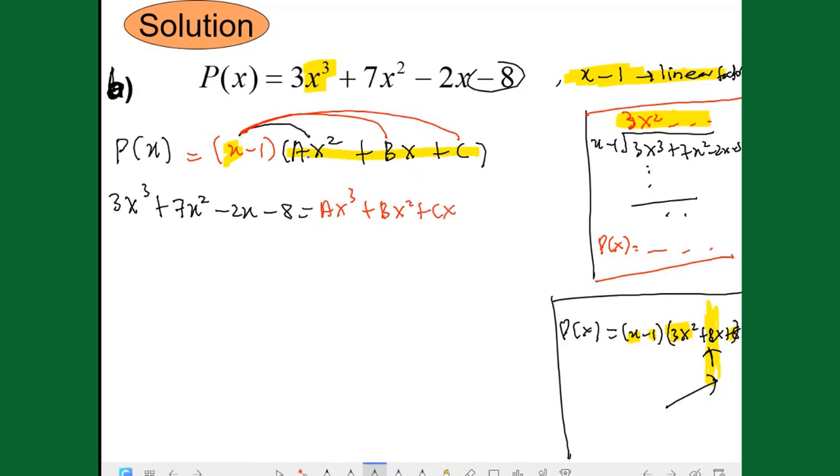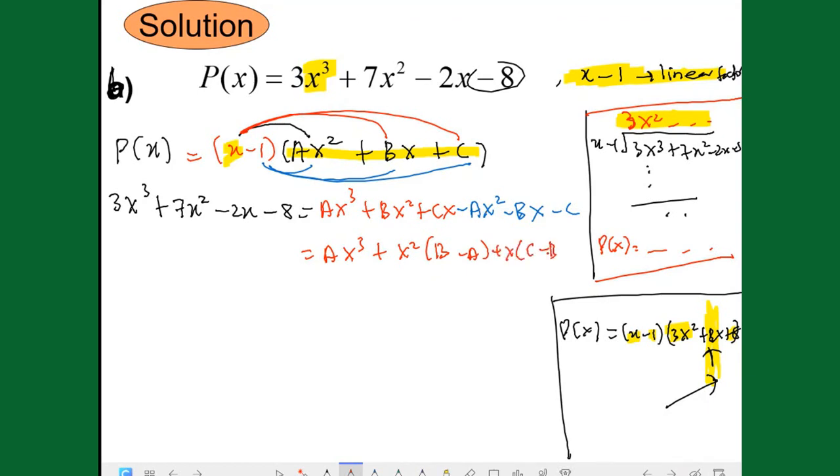Minus ax squared, minus bx, minus c. Okay, so ax cube plus x squared ni b minus a, plus x c minus b, minus c.